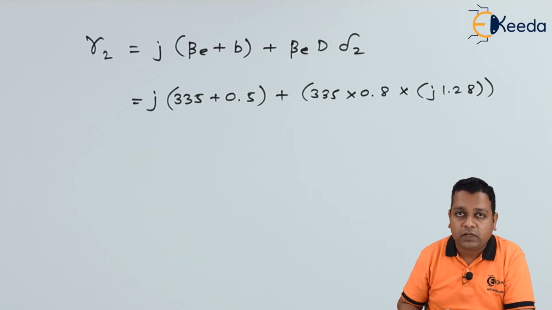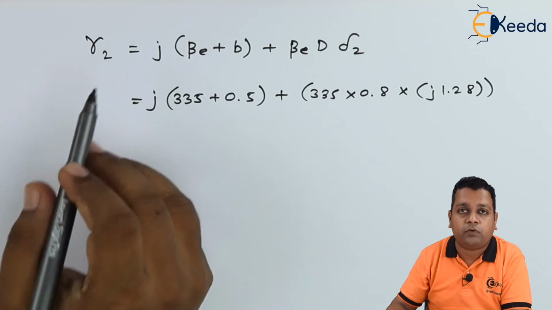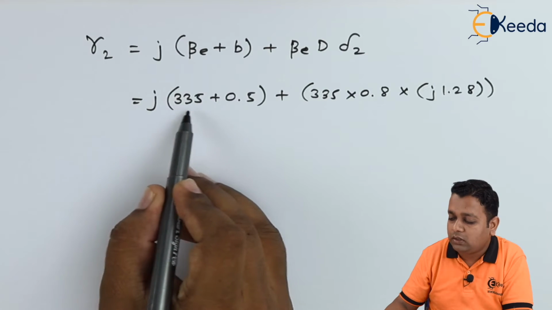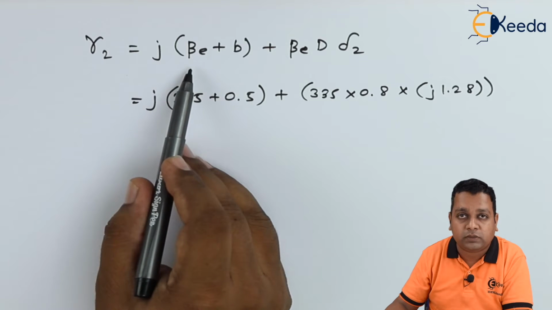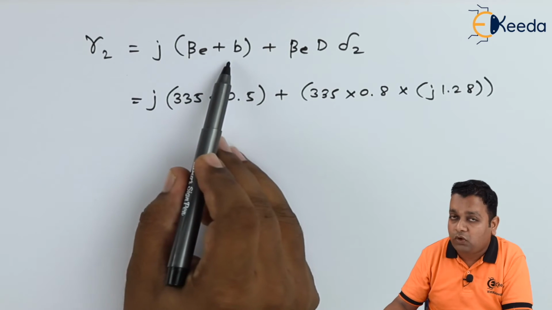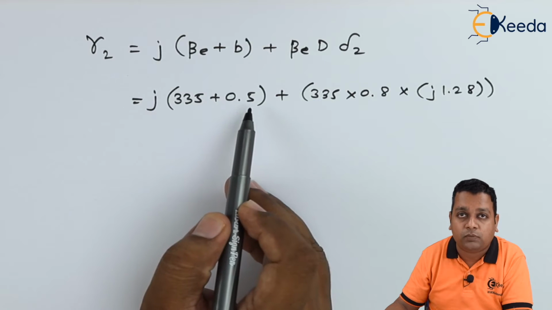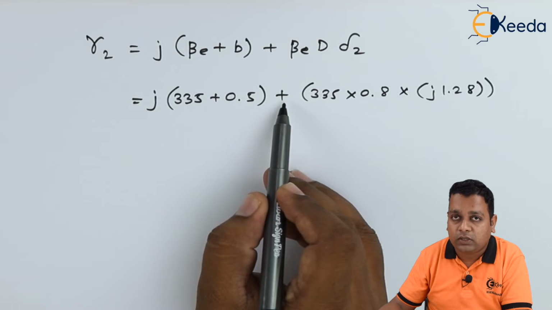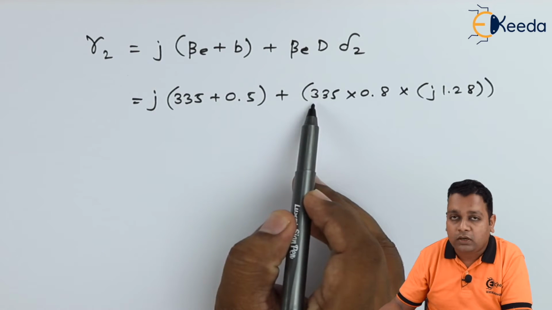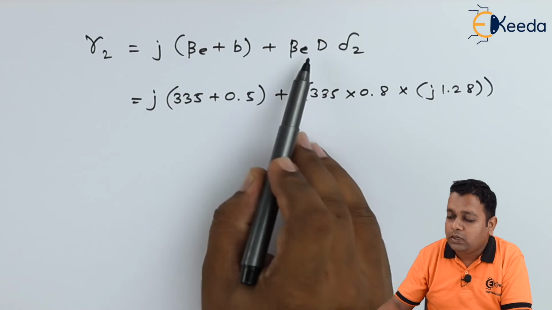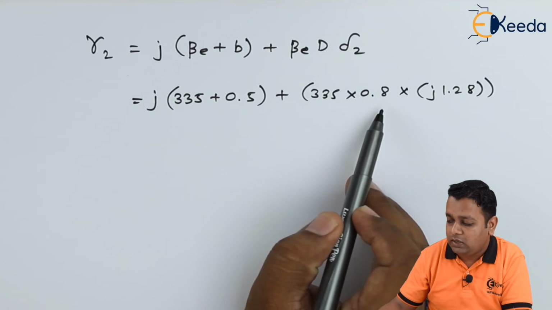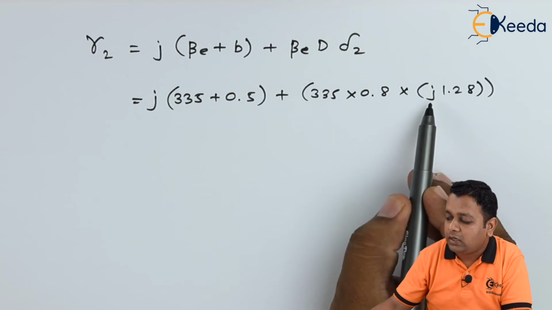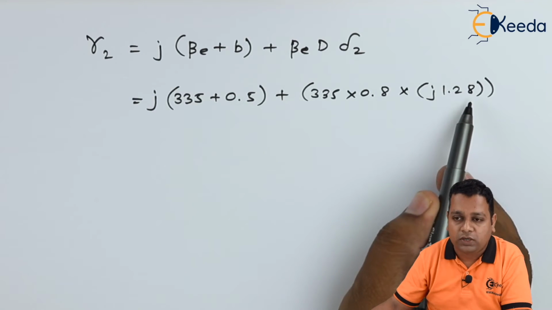So for gamma 2, the second propagation constant, we put j in the bracket 335, the value of the phase shift constant beta suffix e, added with, for small b we put 0.5 as provided in the problem statement, bracket is completed, and it is added with the second term, again phase shift constant 335, into capital D factor 0.8, in multiplication to the second differential that we have obtained, that is j times 1.28.